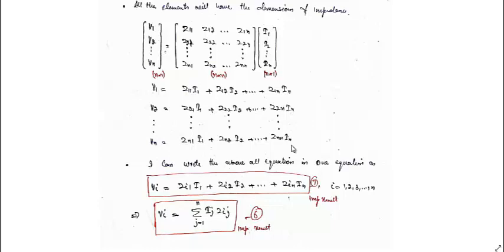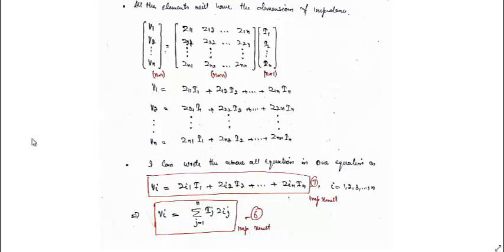For Vn, it will be like this. All these equations can be written in a single equation in terms of i, where i can vary from 1, 2 up to n, that is Vi is equal to Zi1 I1 plus Zi2 I2 plus up to Zin In. In terms of the summation term, it can be written like this: Vi is equal to summation j is equal to 1 to n Zij Ij.